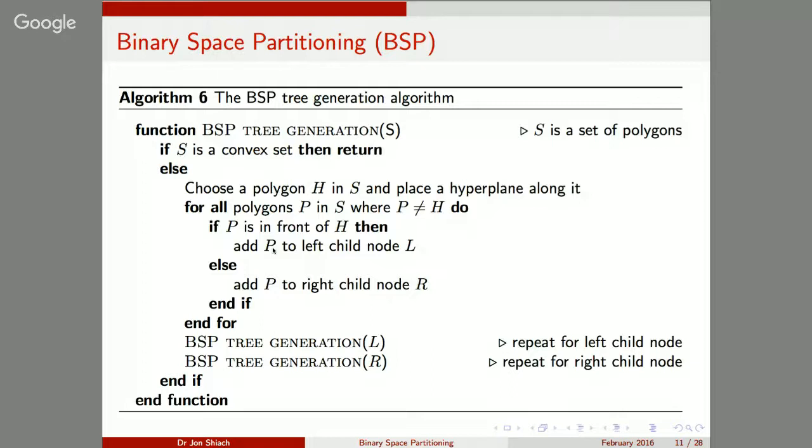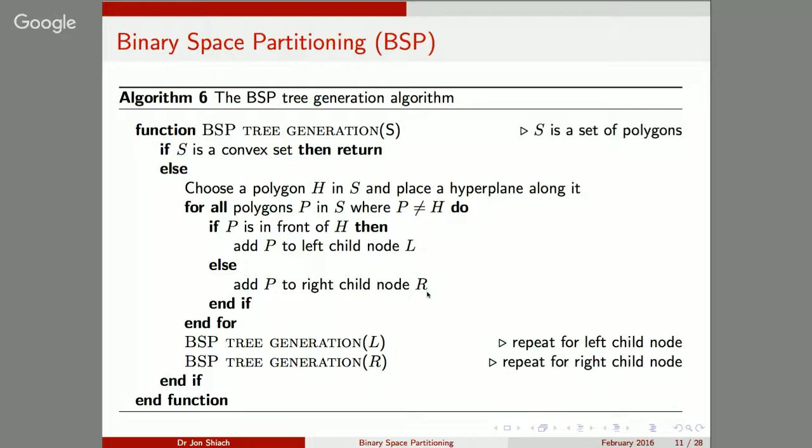So when you split the space up, any polygons which are in front of the polygon which you used to insert a hyperplane along, you list in the left child node. Any polygon which is behind your hyperplane, you put in the right child node.